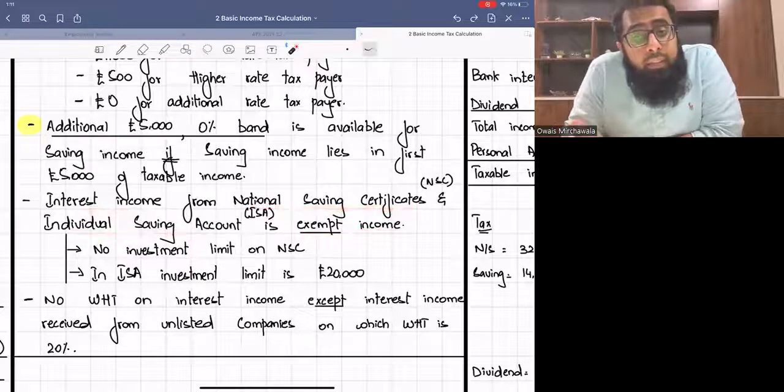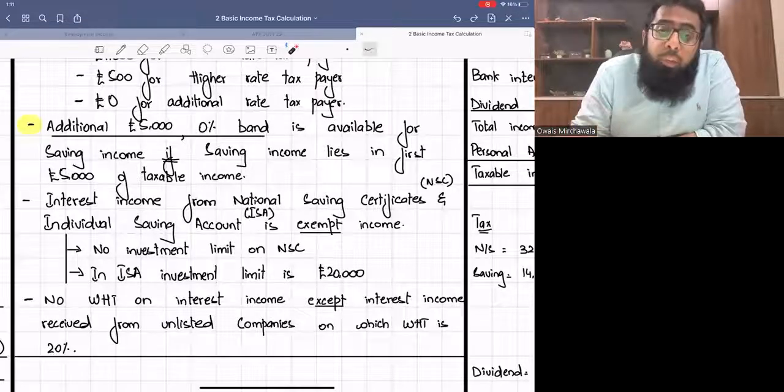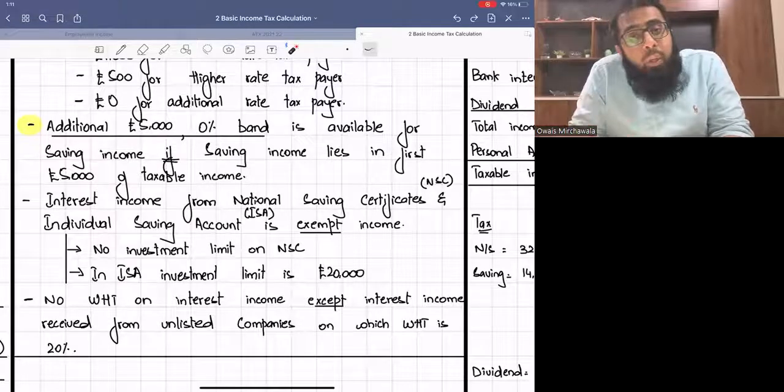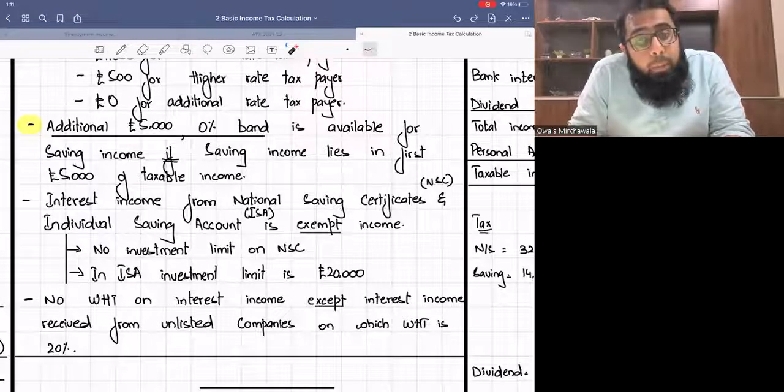Now, interest income from national savings certificates and individual saving accounts is exempt income. National saving certificates are issued by the government, and the individual saving account is also a government deposit account.